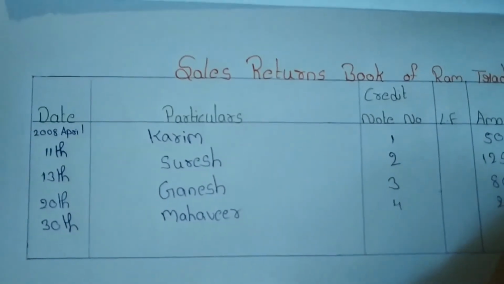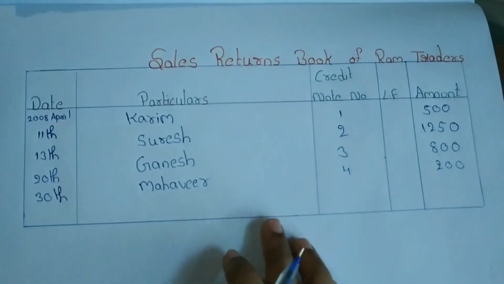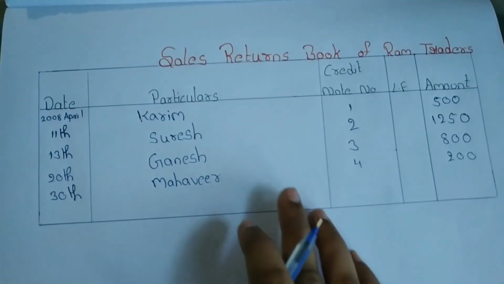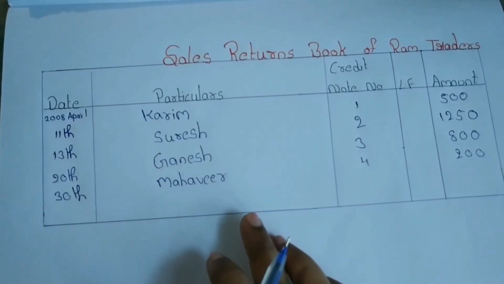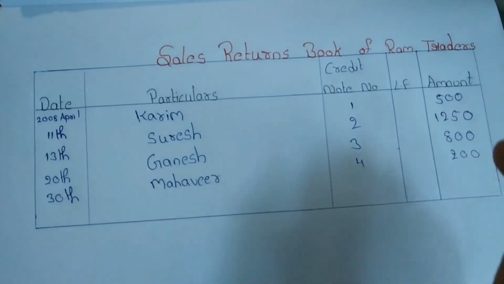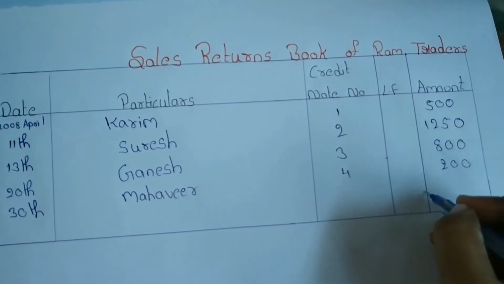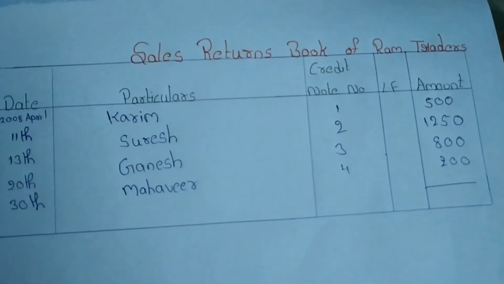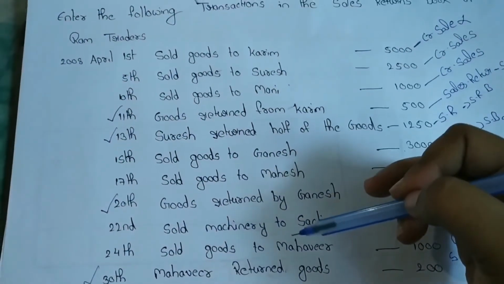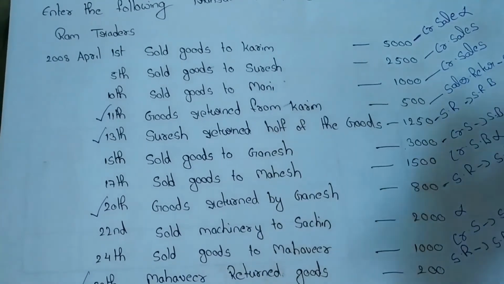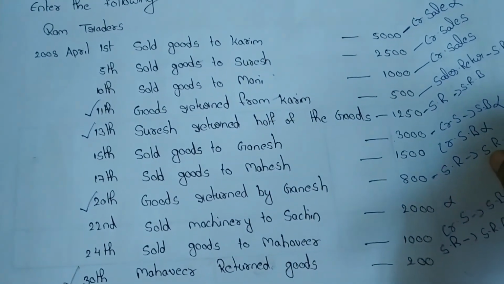So only the 4 transactions should be recorded in sales returns book, because these are the transactions that should be recorded in sales returns book. Okay, next let's total this book. So out of 11 transactions, only 4 transactions should be recorded in sales returns book, right?